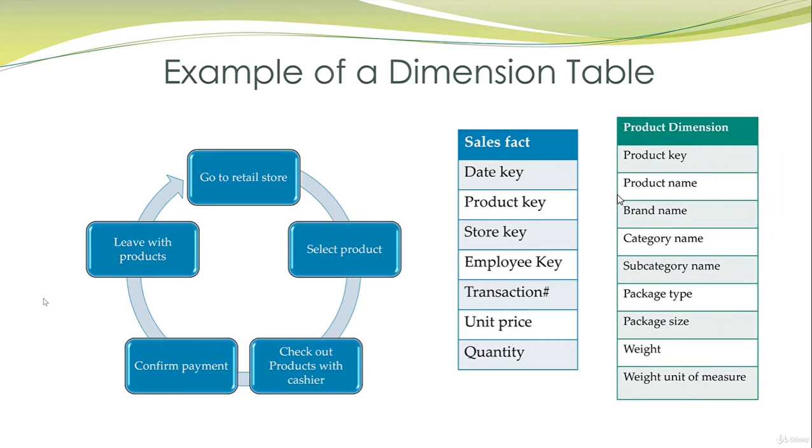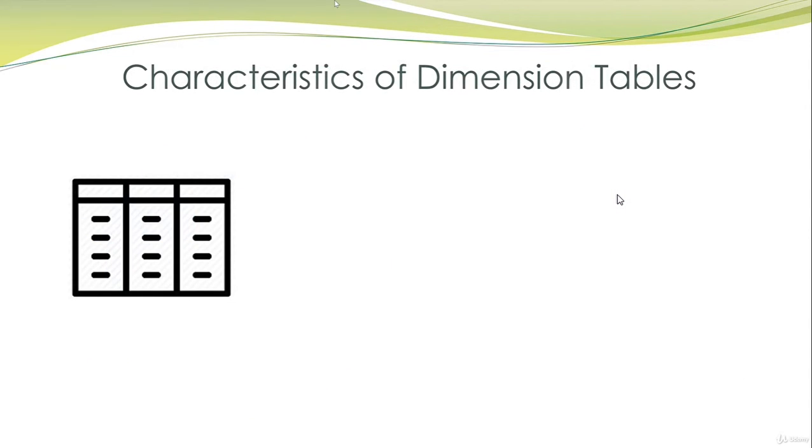If we look at the product dimension table in more detail, we get to find out all kinds of useful information about the offers of the store. We can analyze by brand, by name, by category, subcategory, and so on. So now you get a lot more information about a specific transaction. This is what we mean by the descriptive context of a business process.